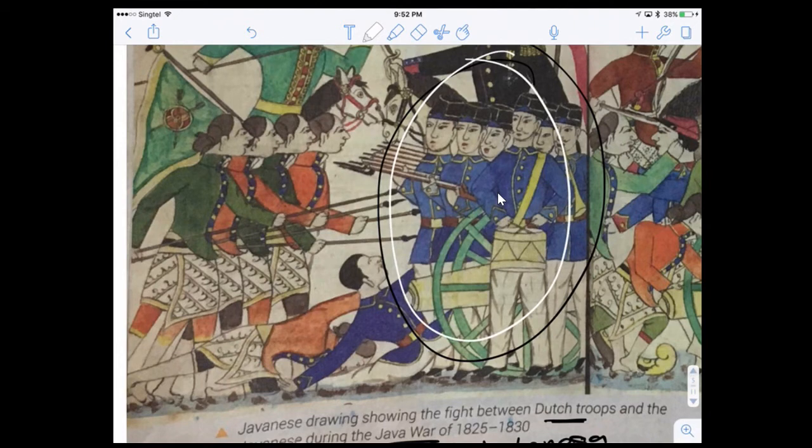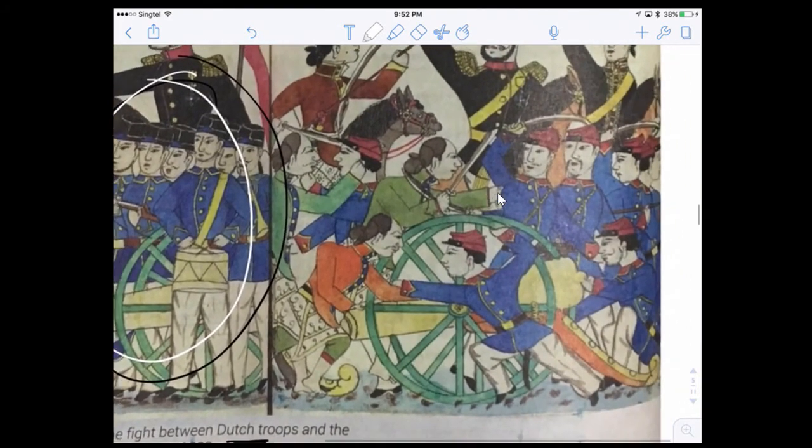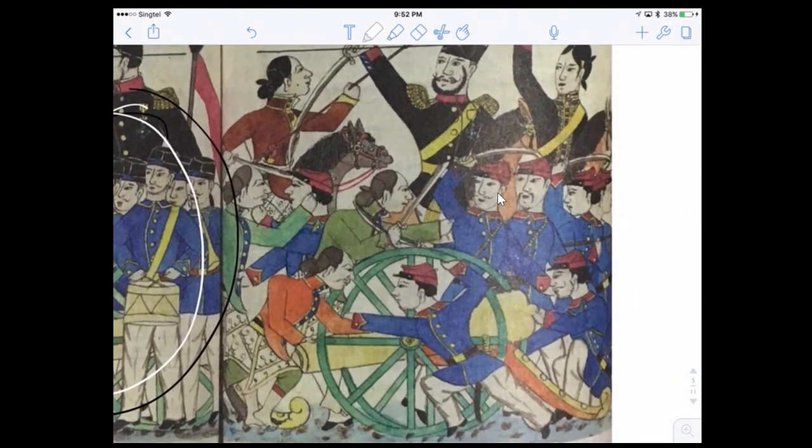How do they look in comparison to these people? Okay, they look better off. They look more highly skilled. They look like they have more organization. Of course, they won the war. But what's important is that in a war, there's going to be killings, right? There's suffering.